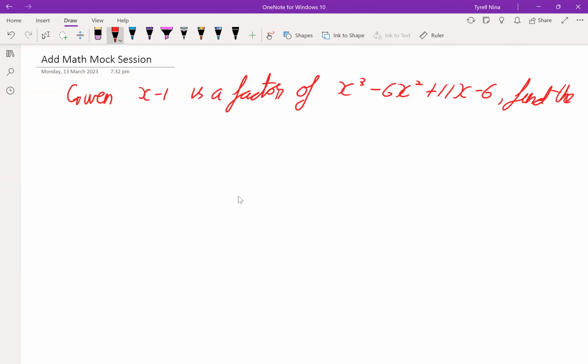I'm going to get one that works out. Find the remaining factors. All right, so this is another one where you actually have to use the long division.